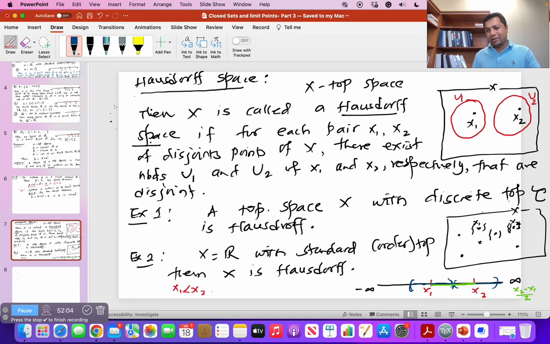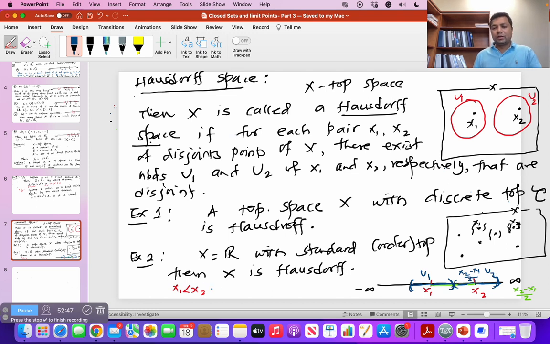You take the part from x1 to the midpoint, and also go to the left of x1 by the same distance. That is going to be the neighborhood of x1. For the neighborhood of x2, from x2 you go by this distance, x2 minus x1 over 2, to the midpoint, and also go to the other side by x2 minus x1 over 2. We can call the first one u1 and the other u2, and u1 and u2 are going to be disjoint.